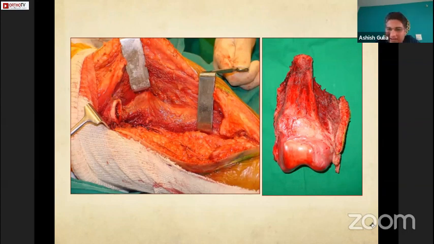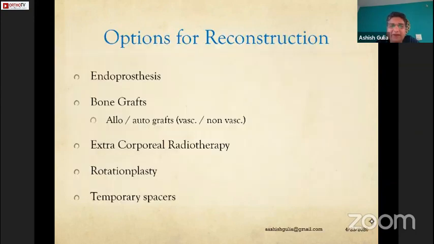to reconstruct these defects. To reconstruct these defects, we have a number of options available, which start from the nowadays very popular endoprosthetic or megaprosthetic reconstructions. We also use a lot of biological reconstructions where we use autografts and allografts.